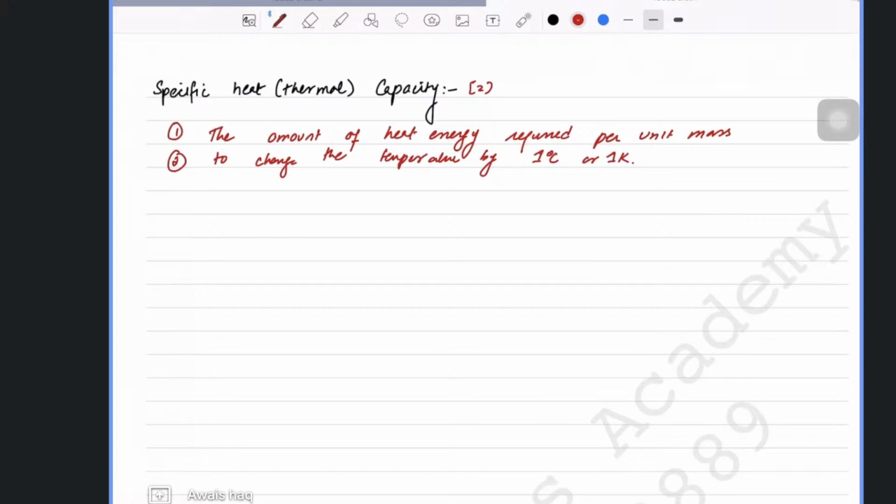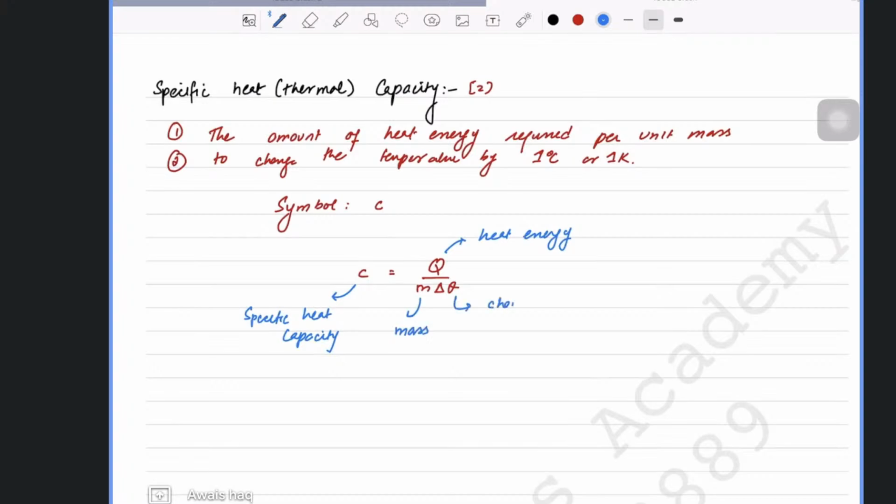Specific heat capacity symbol is basically small c, and the formula is c equals Q over m delta theta. You can use delta T as well. So this is the specific heat capacity, this is the heat energy, this is the mass, and this is the change in temperature.